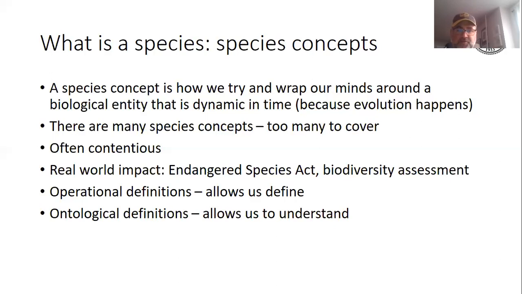There are ontological definitions, and that tells us what a species is, okay? And I say with a capital IS, what it actually is. It may not tell us how to tell one species from another, okay? That's the operational definition.